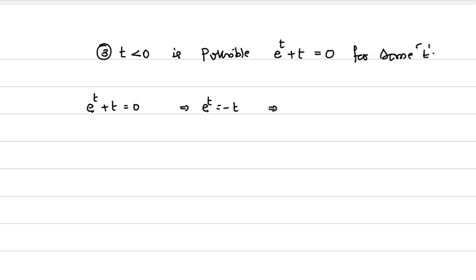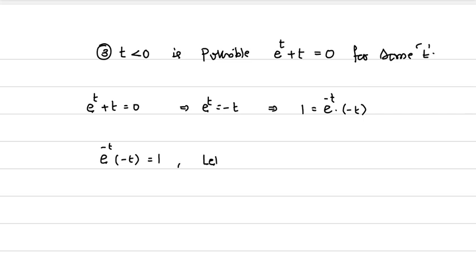That implies 1 is equal to e to the power of minus t into minus t. Are you able to understand? e to the power of t, I brought it on the right hand side. Hence, the given equation is e to the power of minus t into minus t is equal to 1. We can write like this.